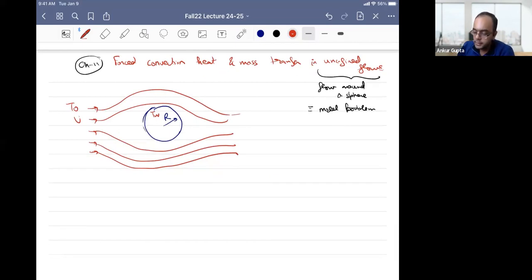Okay, so let's start the process. So how will we think about this? So governing equation.